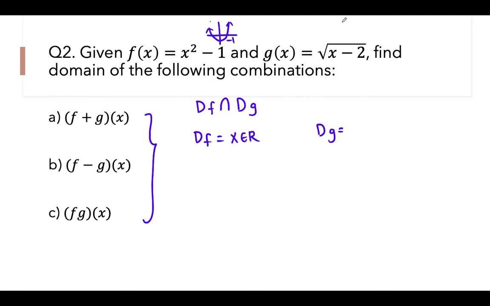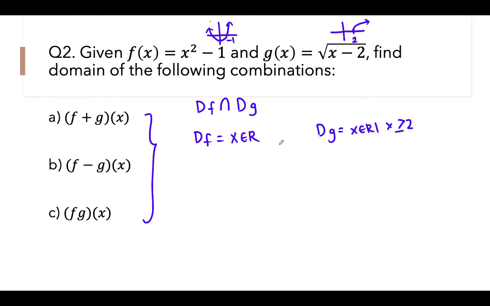Now this is a square root, so it starts at 2, where the inside is 0. You take the opposite, and from 2 it looks like this. So x can be any real number, but there has to be a restriction: x has to be greater than or equal to 2.